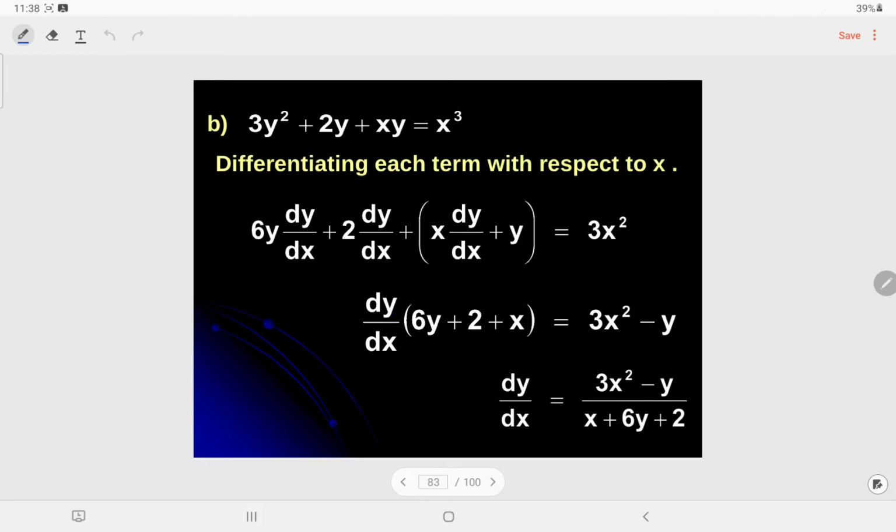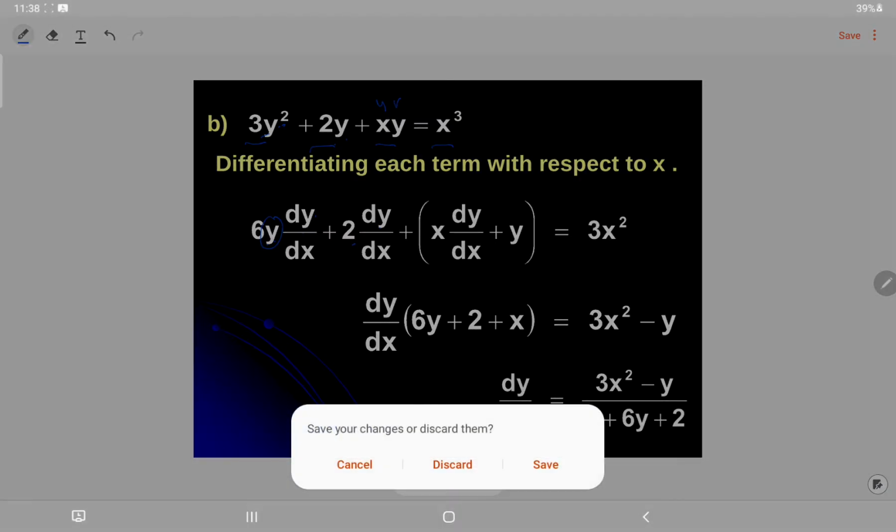Another example here. Differentiating each term with respect to x. So 3y squared gives 6y dy over dx. Since it is the variable y, then 2y gives 2 dy over dx. Then xy: this is u, this is v.